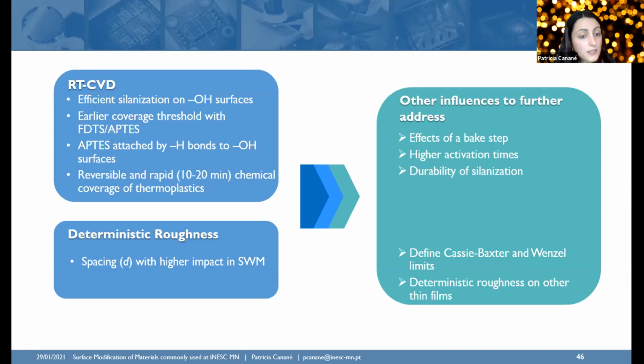As for the deterministic roughness, in the range of spacing and size of the structures that we considered, it seems that spacing has a higher impact on surface wettability.